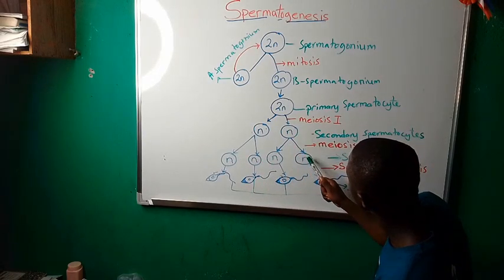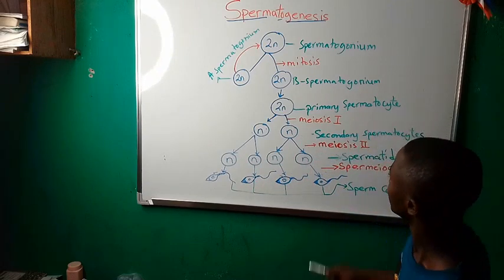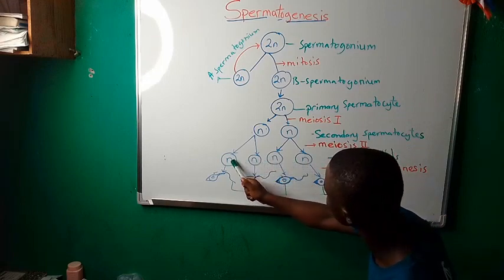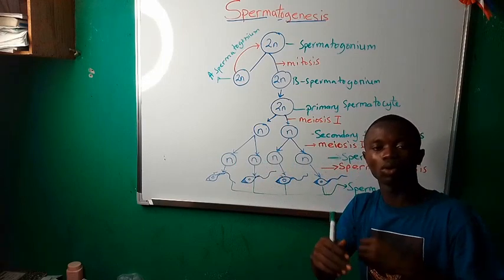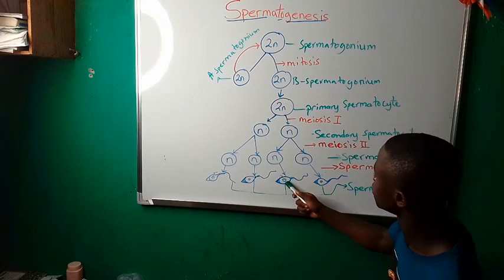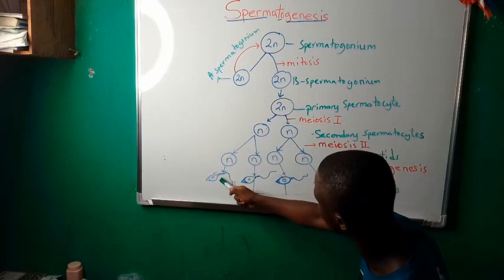When this process occurs, we call it meiosis 2. Now, the last step is that these 4 spermatids will undergo differentiation to produce our sperm cells.